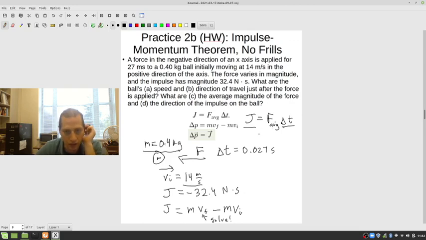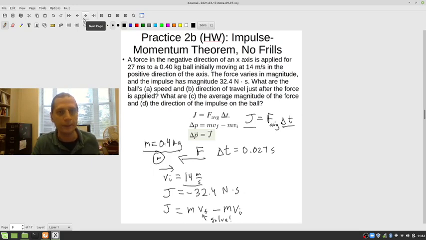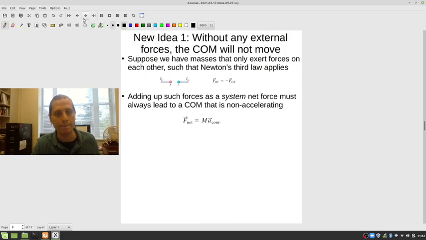And of course, the impulse is going to be in the minus x direction because the force is in the minus x direction. So the problems are not terrible. It's just getting your hands into the new ways of talking. All right, so let's move ahead.